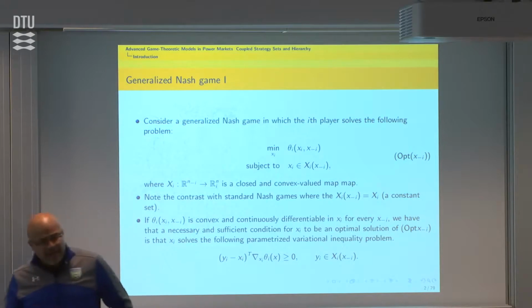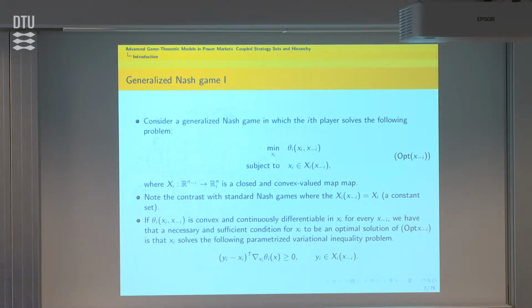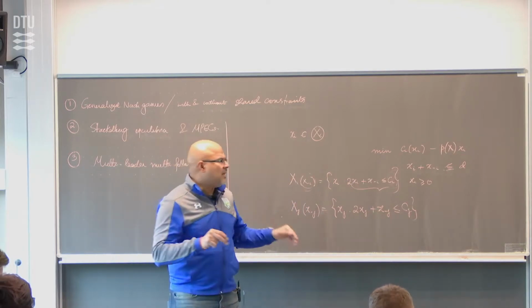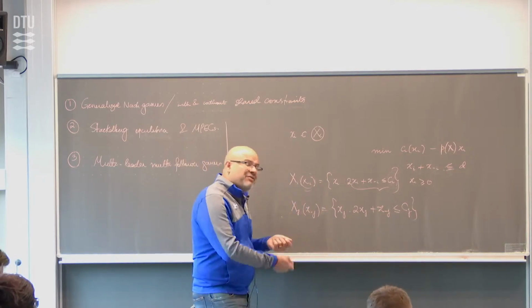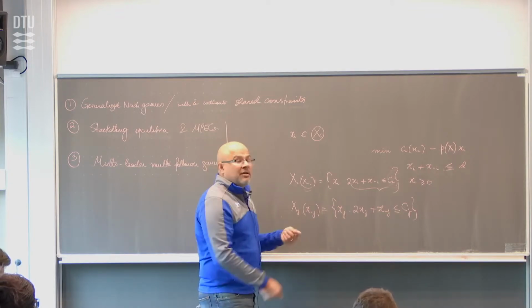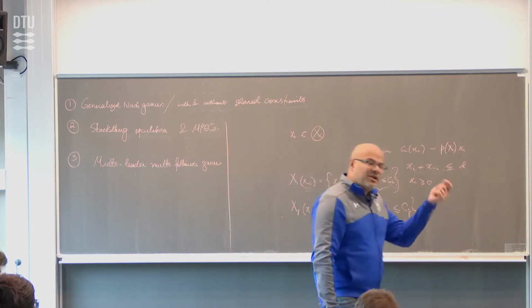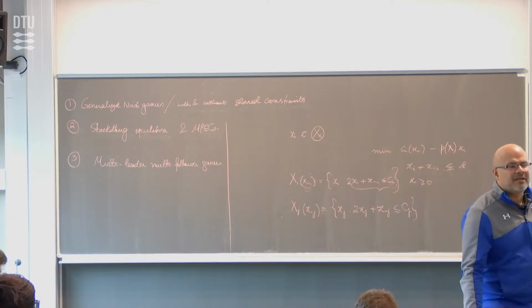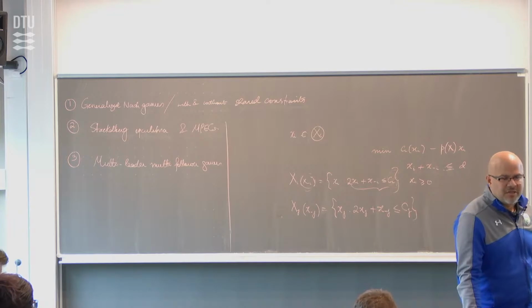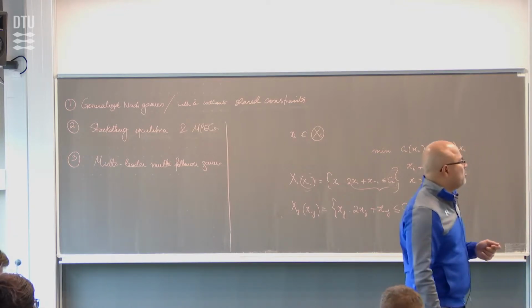Now, you can do a variety of things to get rid of this in some partial fashion by relaxing it. When you relax it, you obviously get rid of it, but then you need to deal with the multiplier that comes from relaxing this constraint.